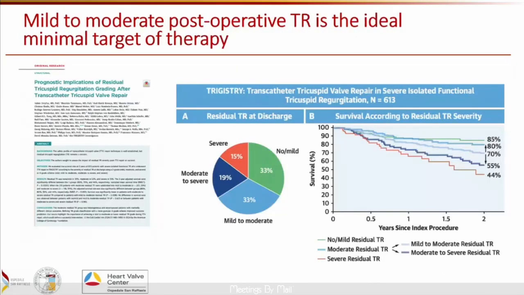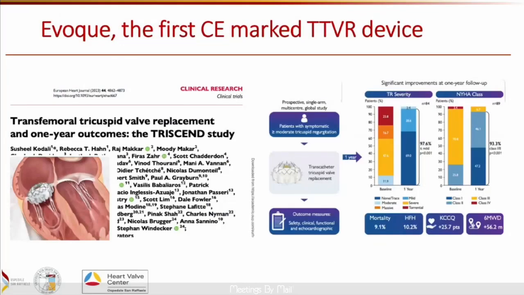And this has been shown in several publications. This is another publication that shows that if you get more than moderate, no big change in natural history. And therefore, it enters the concept of replacement. So replacing the valve will fix the valve completely. And this has been achieved somehow with some drawbacks, a high rate of pacemakers.